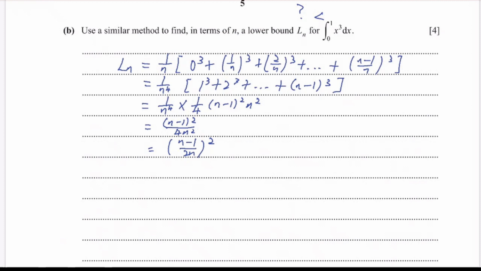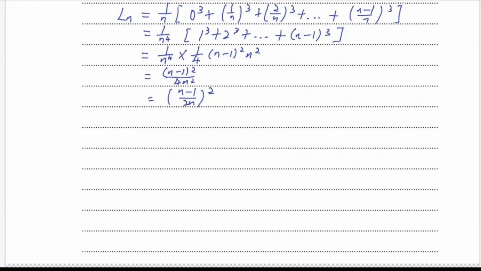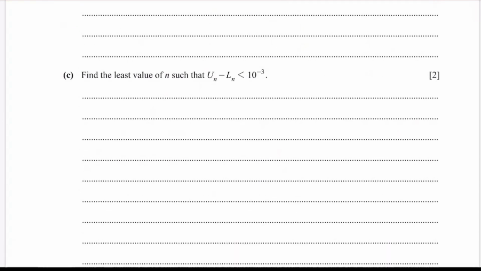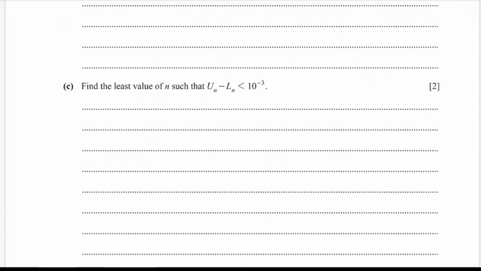Okay. So if we continue to look at the other part, they might be asking some other additional question from there. So find the least value of the n such that the un minus ln is less than 10 to the power of negative 3 here. So we look at the situation here. We already have got the un and the ln.